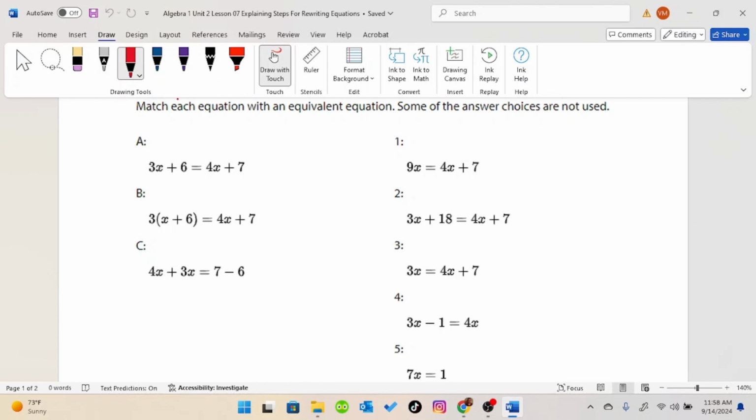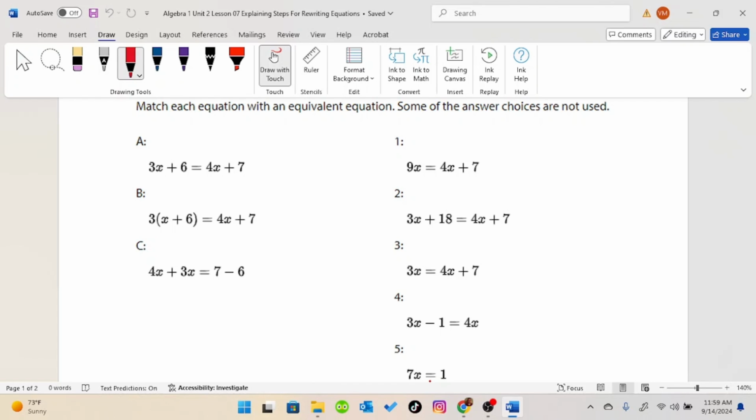When I'm looking at A and then I'm looking at the possible solutions on the right, what strikes me is that I have a 3x on the left and a 4x on the right, and I notice that when I'm looking at 2, 3, and 4.